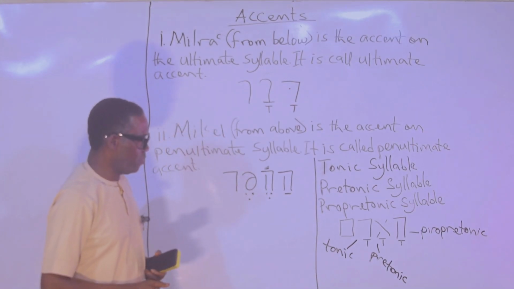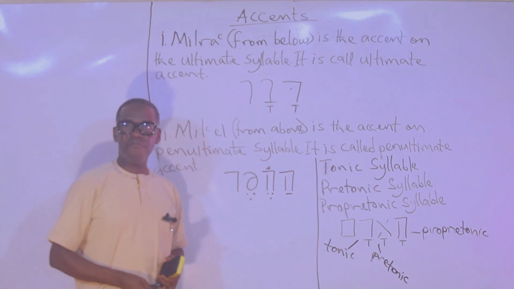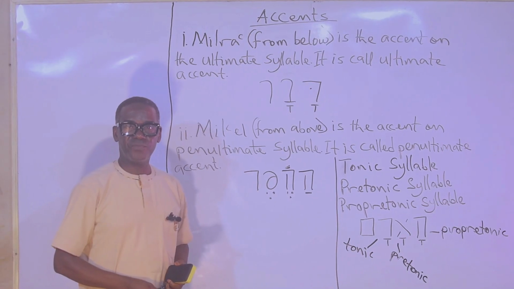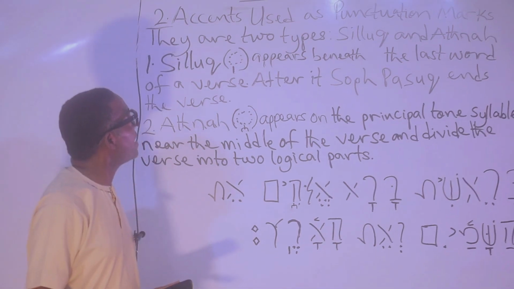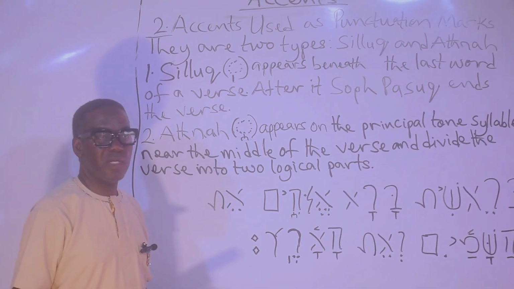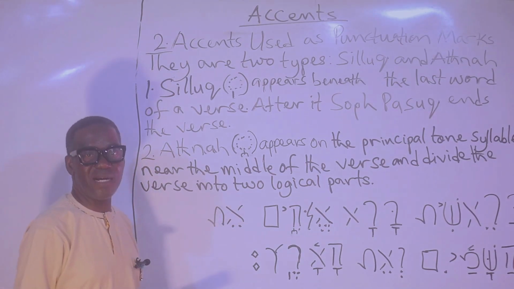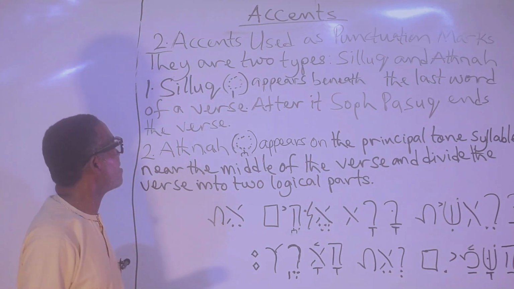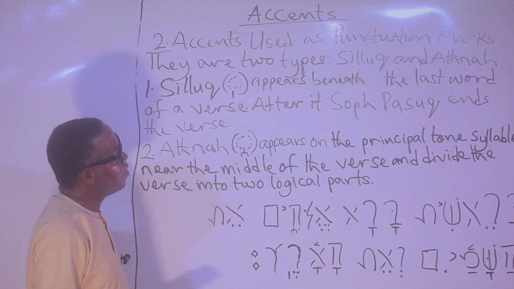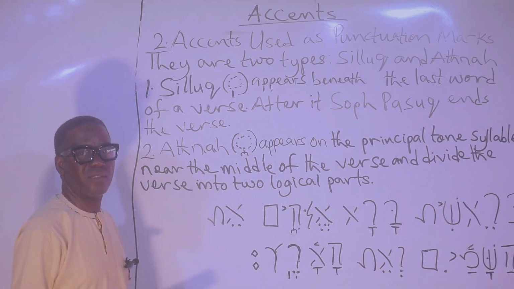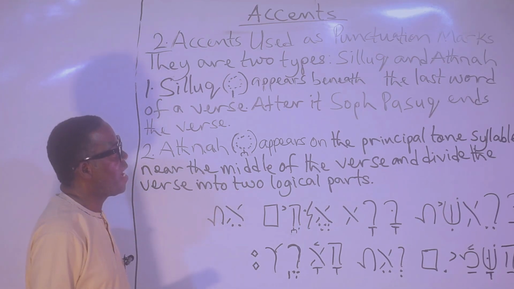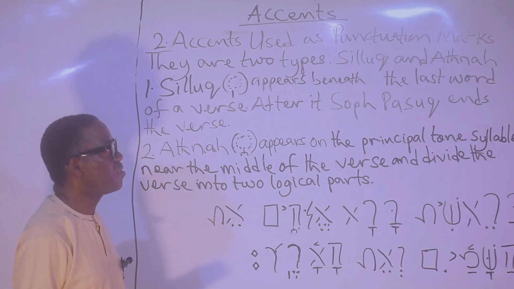Then we will move to the next type of accent in Hebrew. Second set of accents are used as punctuation marks. There are two types of these: Siluk and Atna.